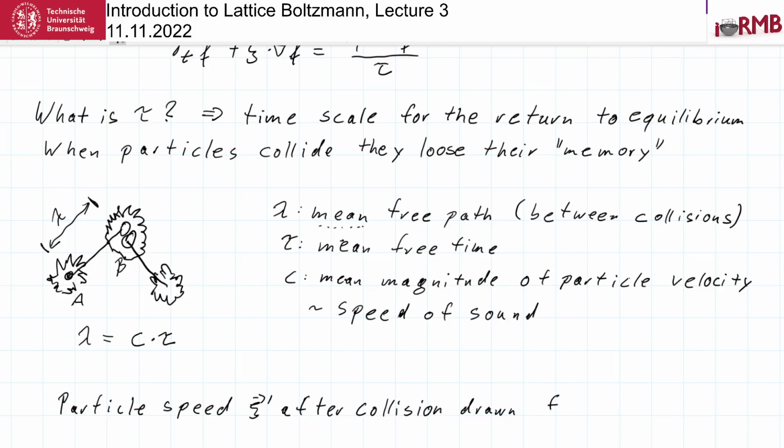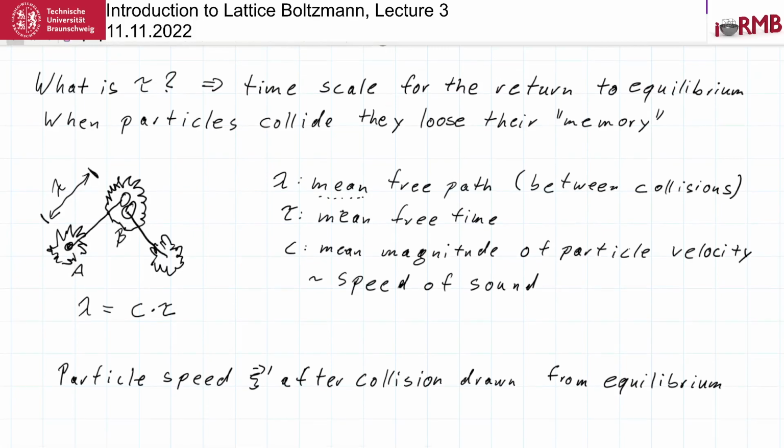It's drawn from equilibrium. This means that this particle just happens to take on any potential velocity, with the probability given by the equilibrium distribution function.